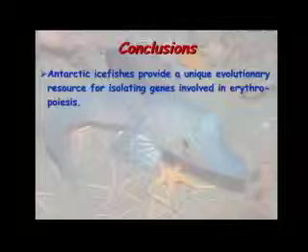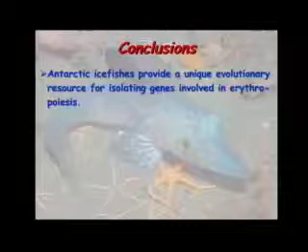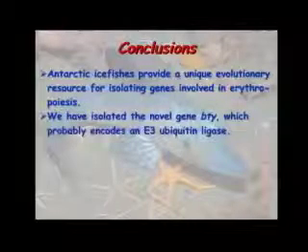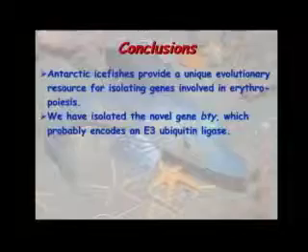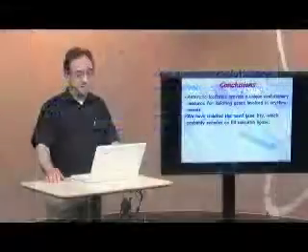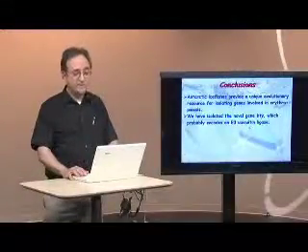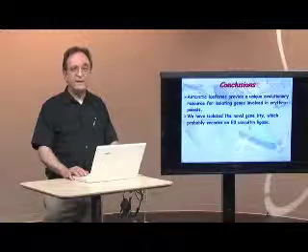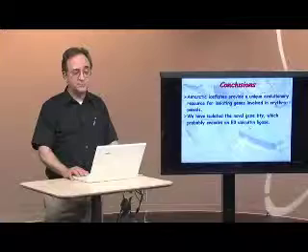So, conclusions. The Antarctic ice fishes provide a unique evolutionary resource for isolating genes involved in erythropoiesis. We've identified the gene bloodthirsty, which we think encodes a class of protein called an E3 ubiquitin ligase, and in fact is potentially involved in the destruction of proteins.